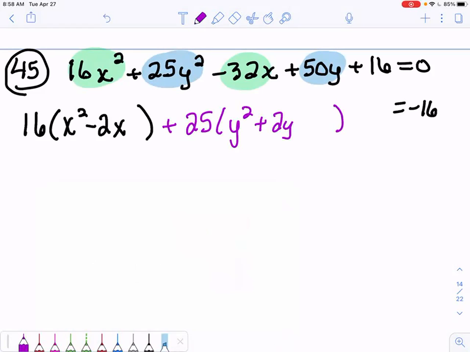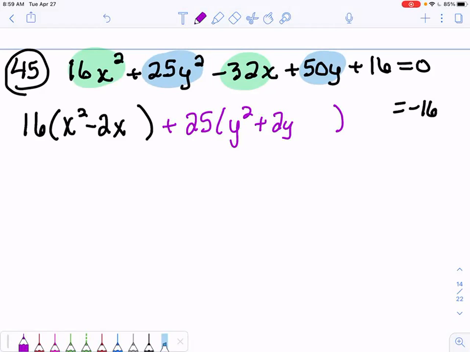So individually, you're pulling out the coefficient of the x squared. You're pulling out the coefficient of the y squared. Those coefficients are different. That's what makes this an ellipse. If they're the same, then it's a circle, because a circle is the same all the way around, but an ellipse is wider in one direction. So pull out those coefficients individually from the x terms and the y terms.